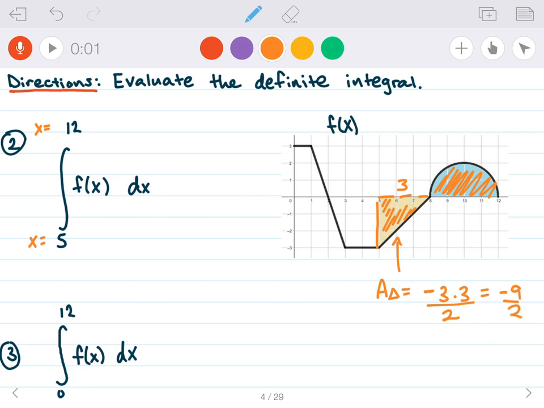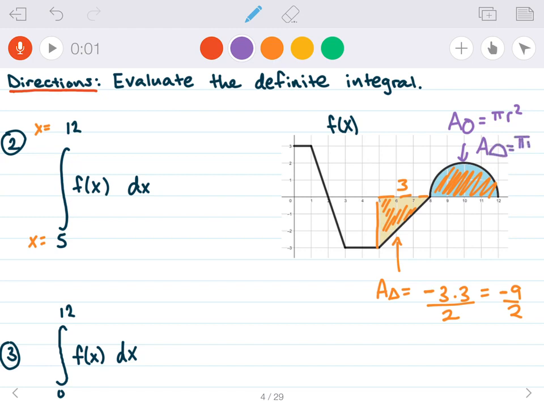All right. Now, what about this semicircle right here? How do I find the area of that? Well, if you recall, the area of a whole circle is pi r squared. Therefore, the area of a semicircle, half of a circle, is just going to be half of pi r squared.